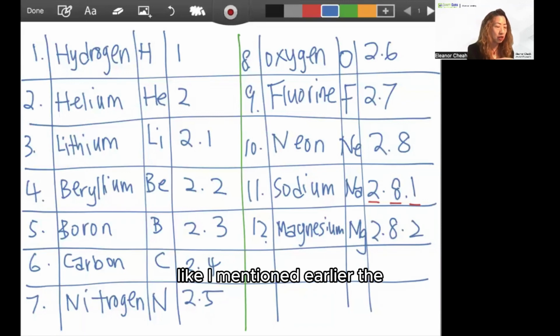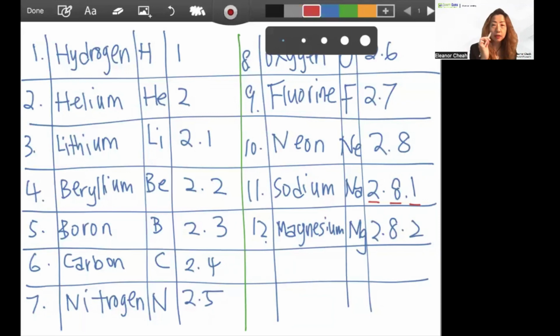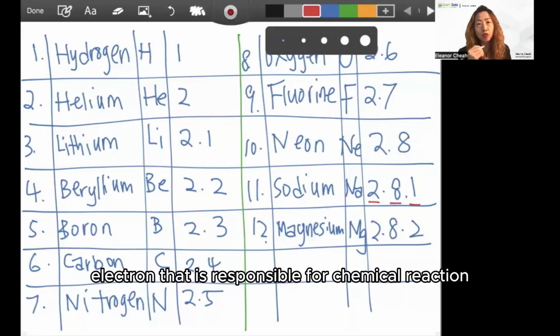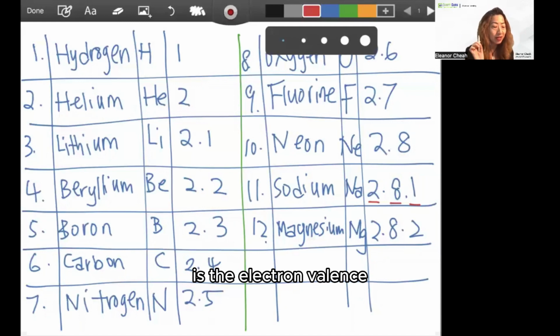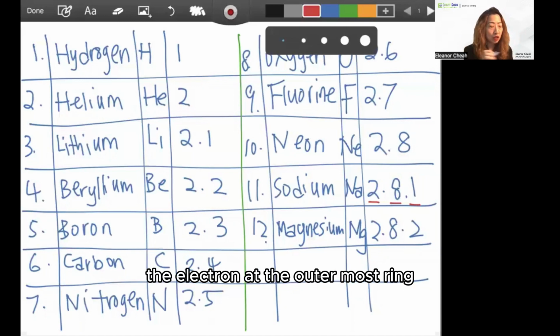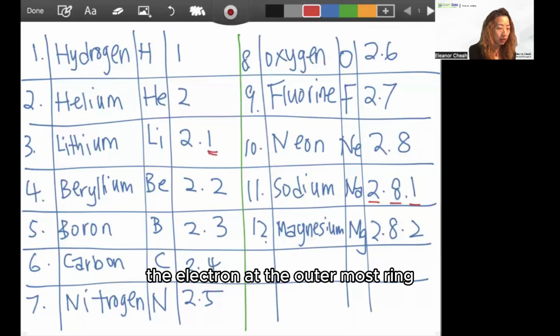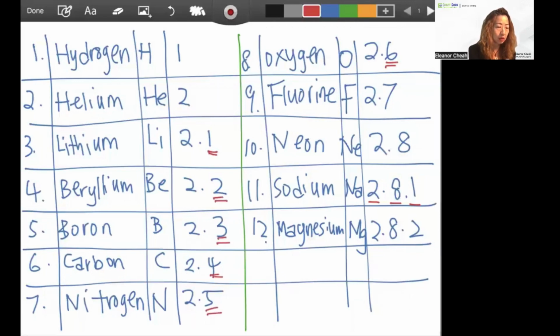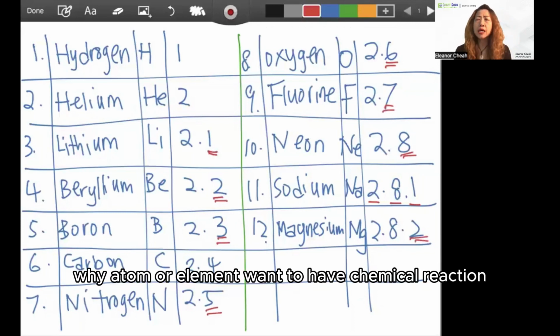Interestingly, like I mentioned earlier, the electron that is responsible for chemical reaction is the valence electron, the electron at the outermost ring, which is this one. Why does an atom or element want to have a chemical reaction?